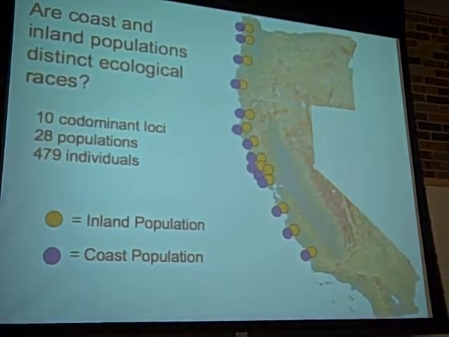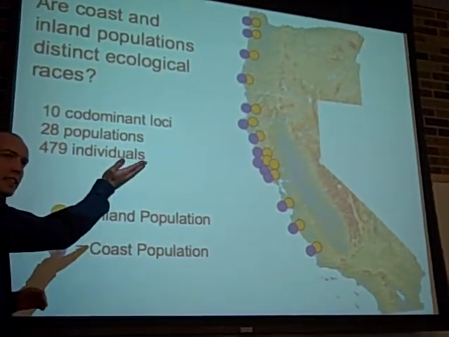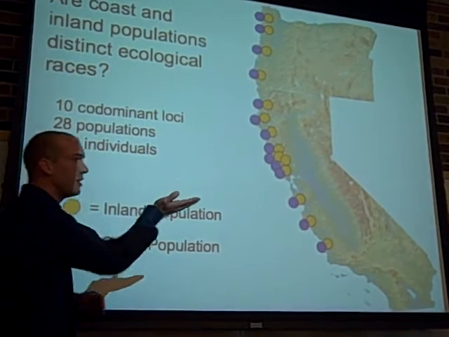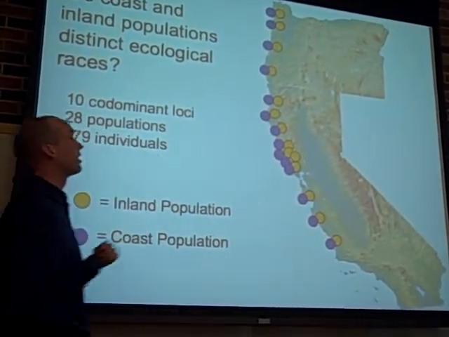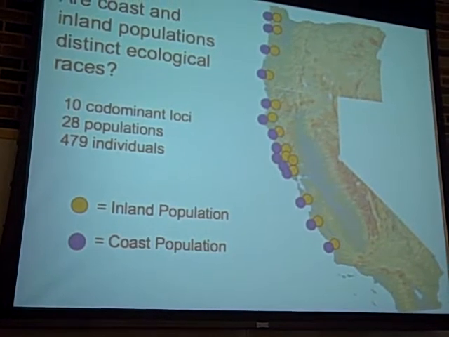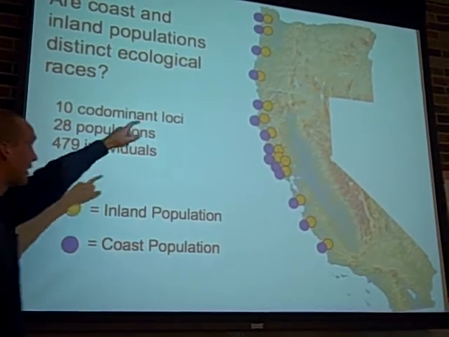Instead of doing the transect across California like Clausen and Heckenheising did, we decided to go perpendicular. So we went straight up and down and collected paired populations of coast and inland populations throughout California and Oregon.